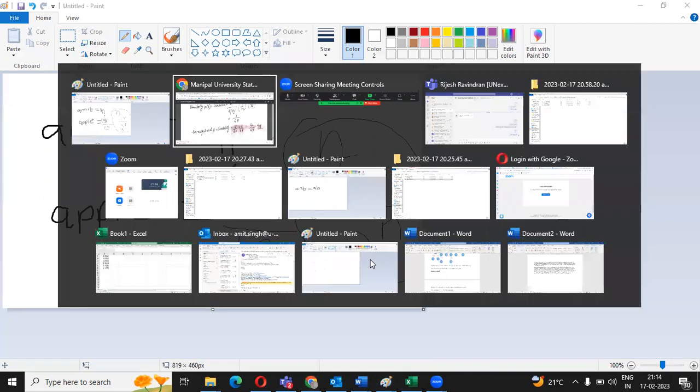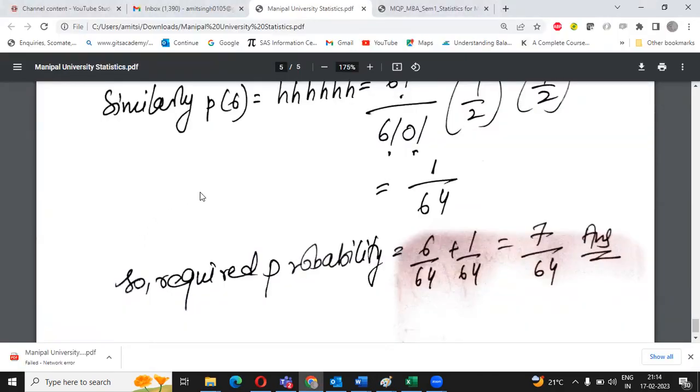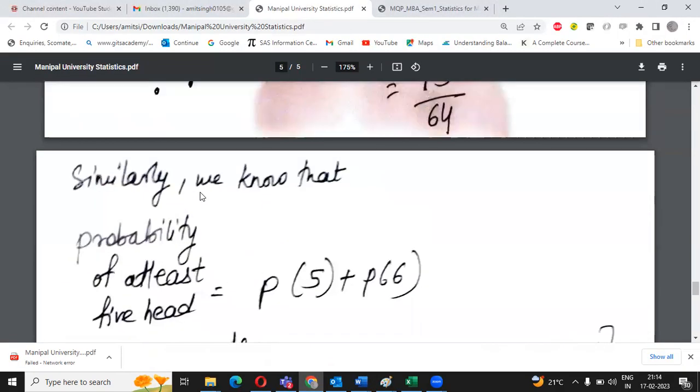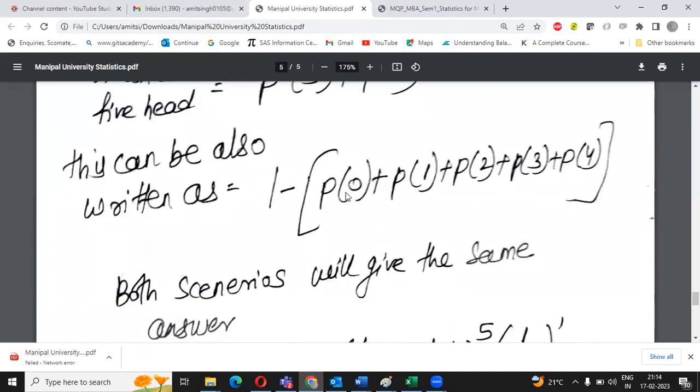So here, if you're asking me the probability of getting 0 heads, that would be 1 by 64. The probability of getting 1 head would be 6C1 by 64, meaning 6 by 64. 2 heads means 6C2 by 64. 6C2 is, if I'm not wrong, 15, so 15 by 64. 3 heads means 6C3 by 64. 6C3 is 6 into 5 into 4 by 3 factorial, which is 20, so 20 by 64.